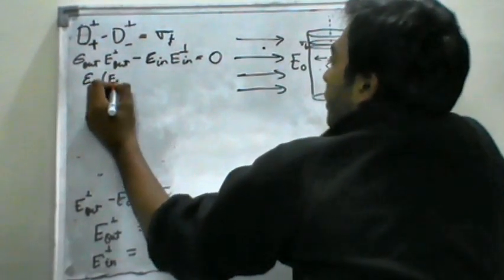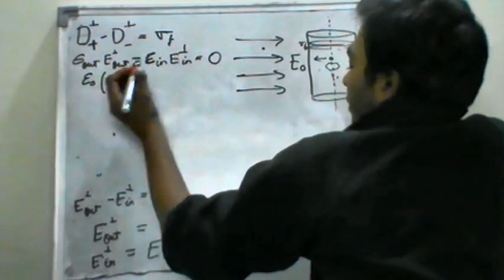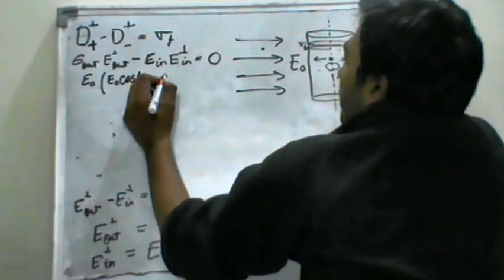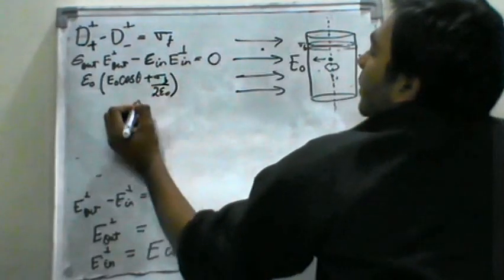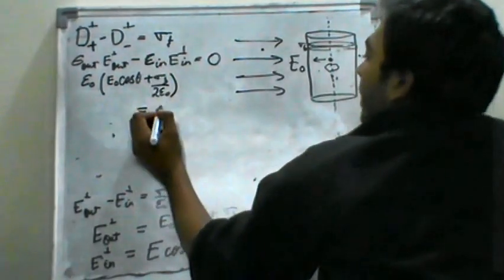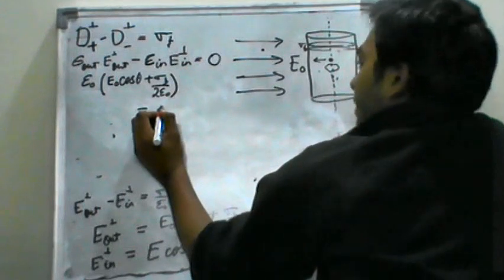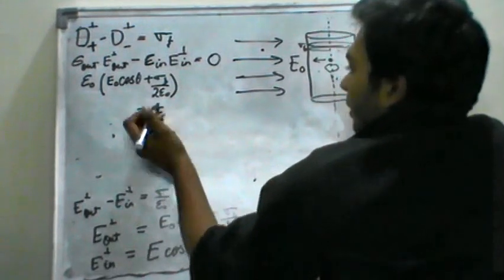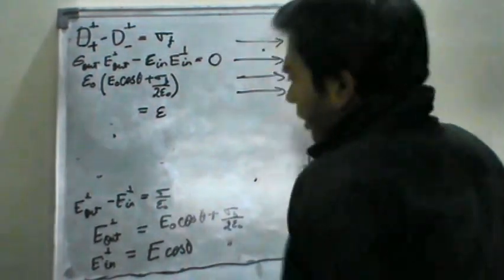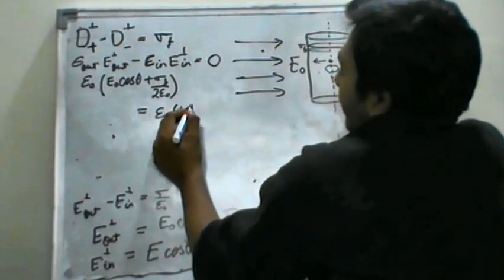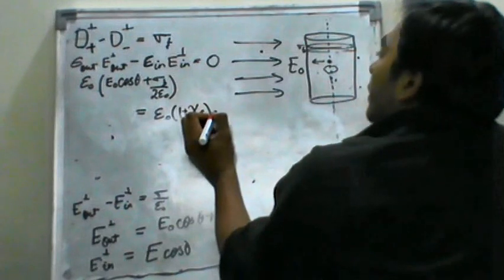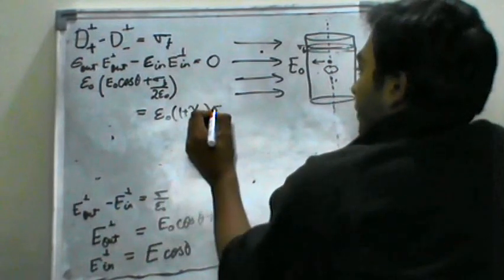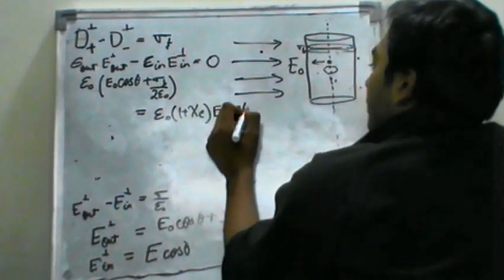So epsilon naught times E naught cos theta plus sigma b by 2 epsilon naught is equal to epsilon in, which is epsilon naught into 1 plus chi, they have not given us that, so we use this same thing, into E in, which is E cos theta.